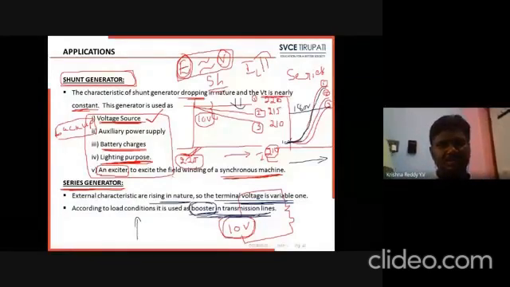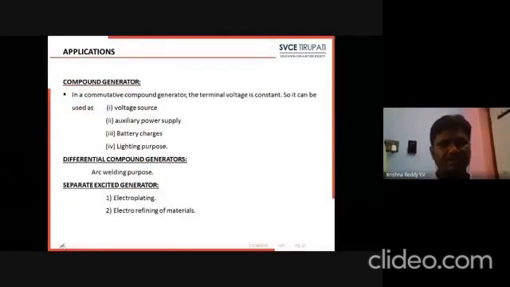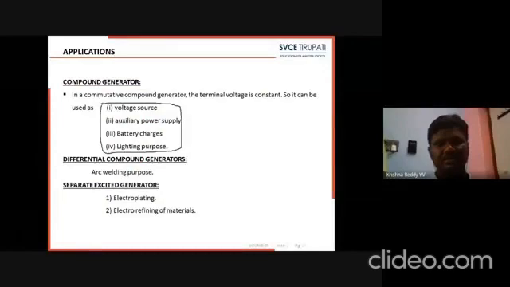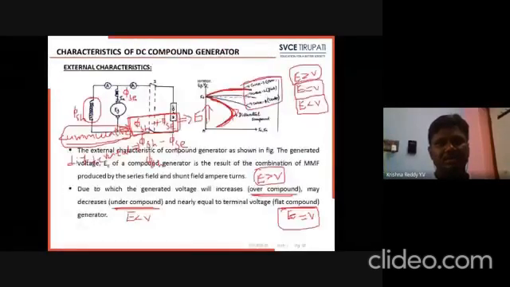The next generator is the compound generator. The compound generator is also similar to the shunt generator, because we have already discussed the characteristics of the compound generator.